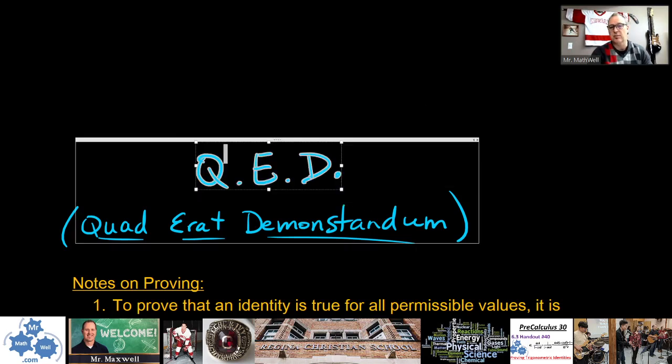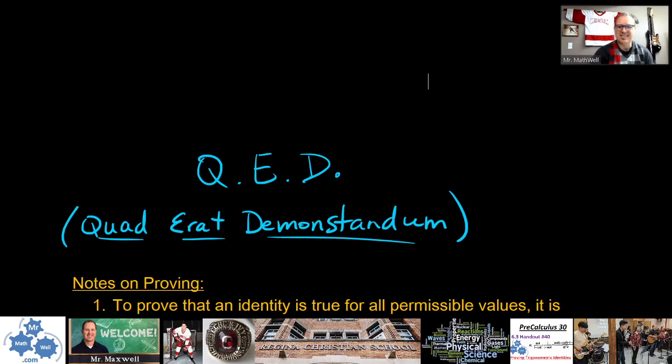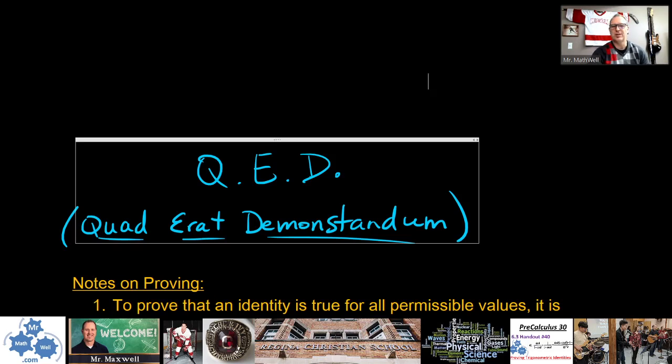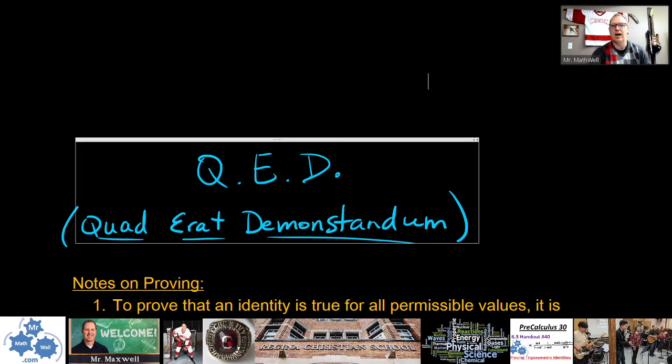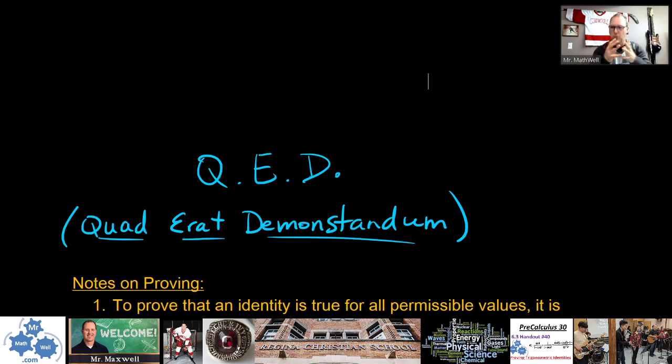And that stands for something that's Latin, which is quod erat demonstrandum. Doesn't that sound cool? It stands for what was to be demonstrated. Okay? So I have demonstrated the proof. I'm done. It is complete, sort of thing. So I'm going to put QED at the end of my proofs.